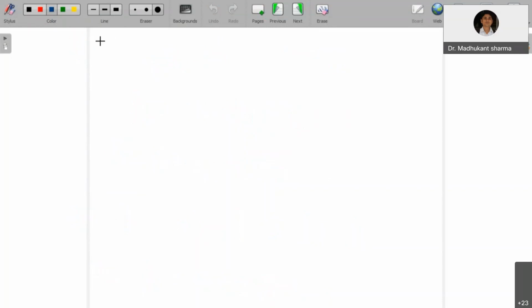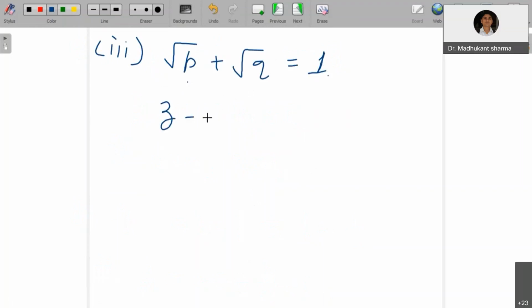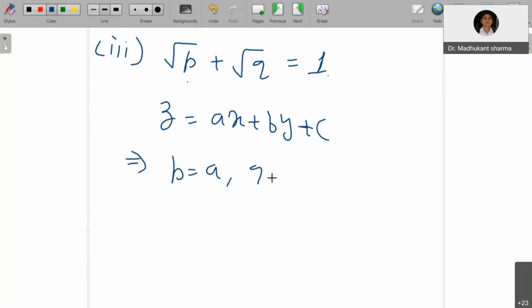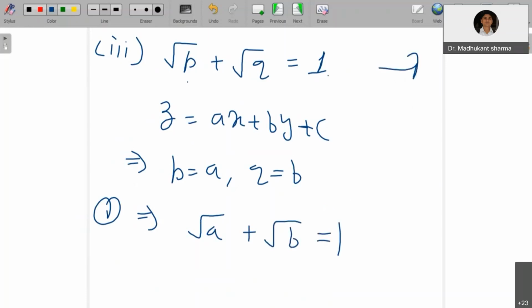Now, similarly, you can go with the third equation: square root of p plus square root of q equals 1. Again, this involves only p and q. So the general solution will be z equals ax plus by plus c. This will give you p equals a, q equals b, and equation 1 implies square root of a plus square root of b equals 1.